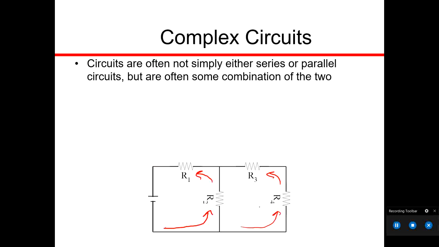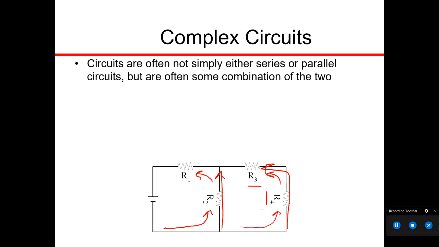Okay, so we can see in our second loop here, we have a parallel, so R2, this path, is parallel with this other path here. Okay, the current can travel through both separately, but we also see that within this second branch, we have R3 and R4, which are both in series.